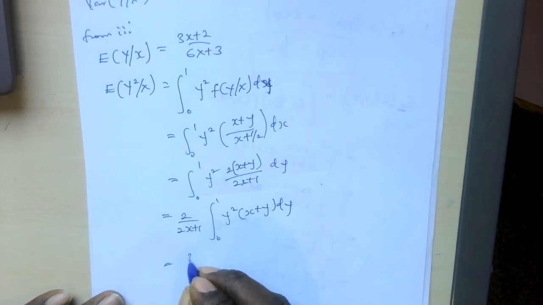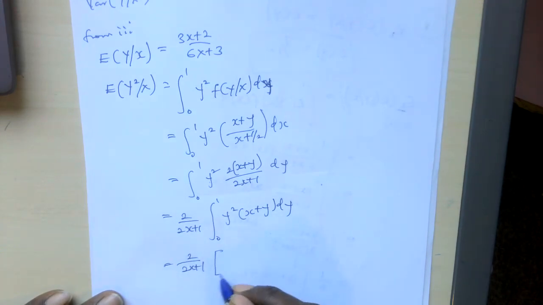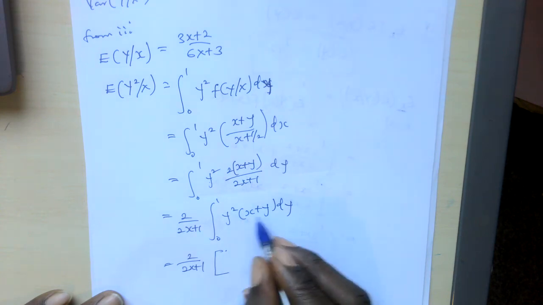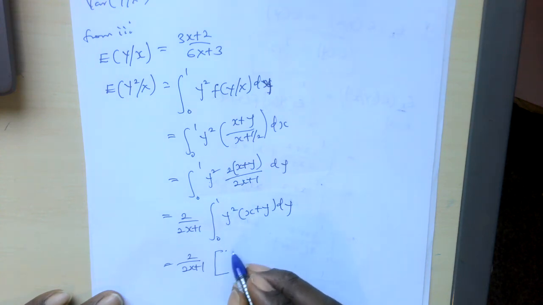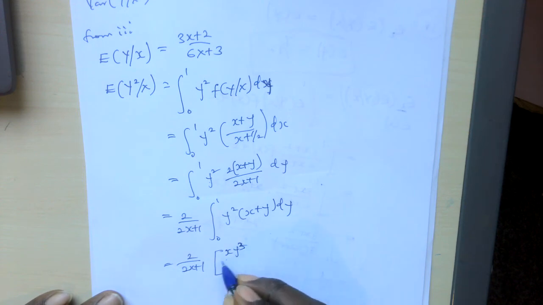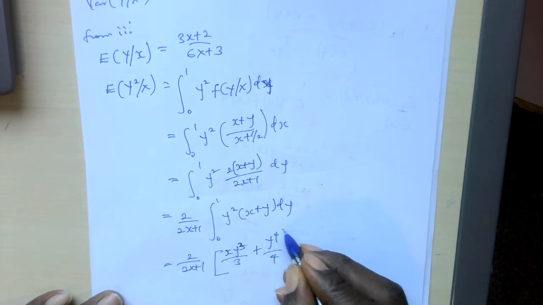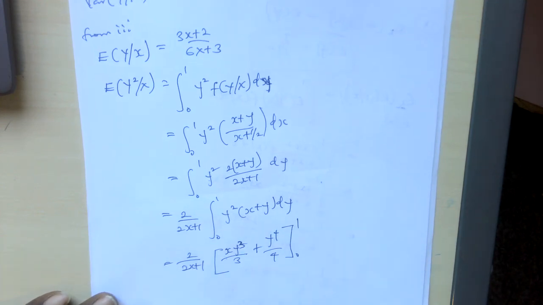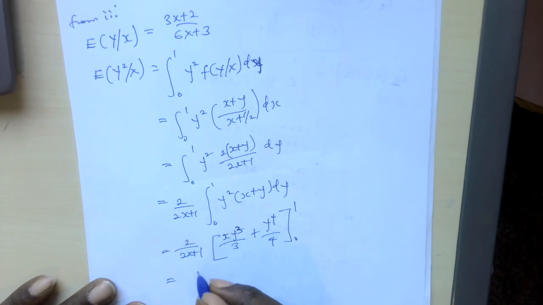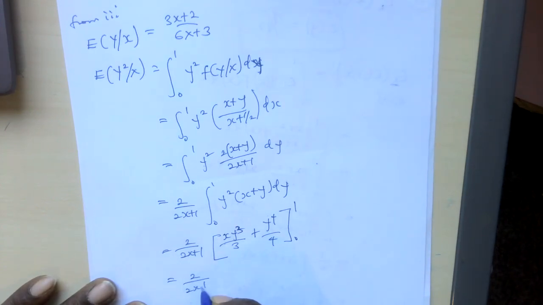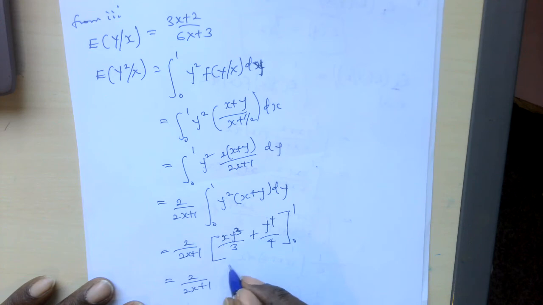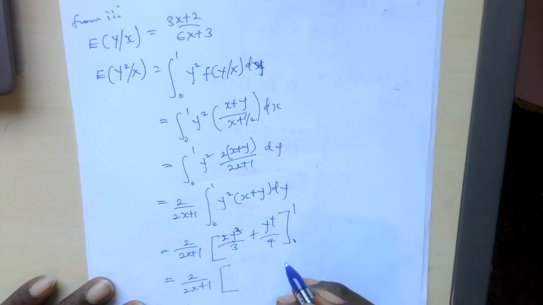So when you integrate this, we have 1 over 2x plus 1 times x y cubed over 3 plus y to the fourth over 4. Substitute from 0 to 1. So here we have 1 over 2x plus 1 and substitute.